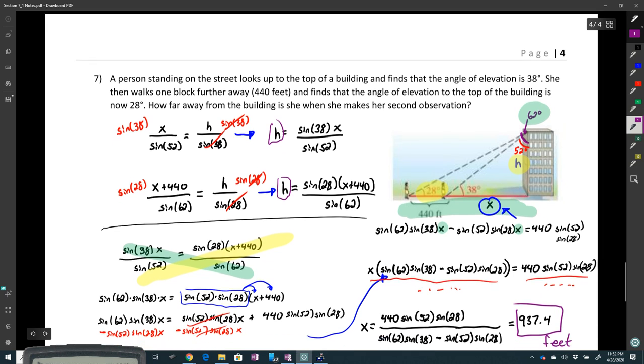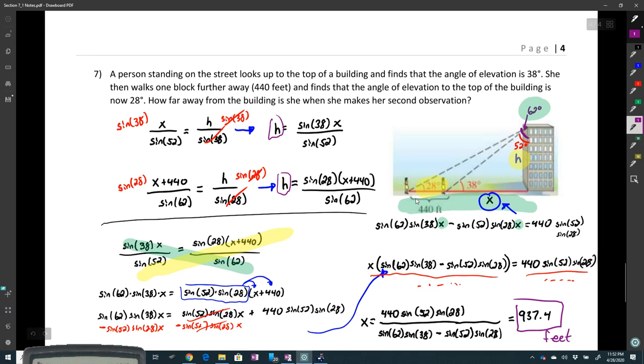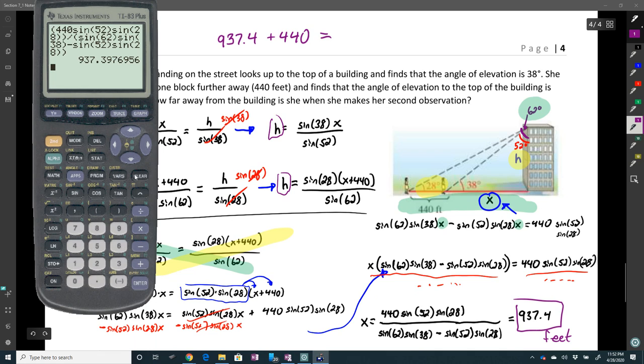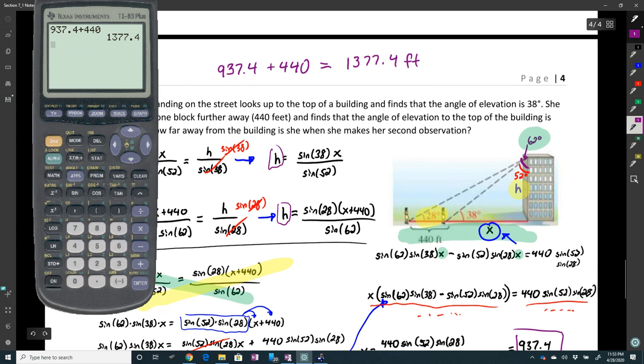So for space issues, I'm going to write it up here: 937.4 plus 440 is 1,377.4 feet. That's how far away she is from that building.